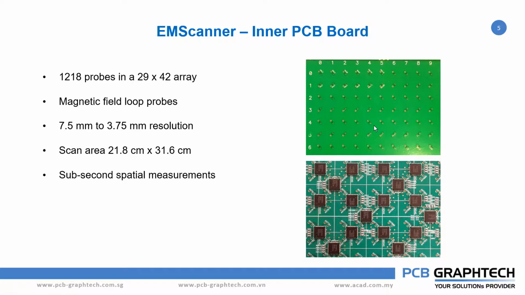These probes capture the magnetic field above the EM Scanner board and pass the signals to the backside of the board, where the RF switches are arranged in arrays. These RF switches capture the output and pass it to the spectrum analyzer through the RF cable. Once the spectrum analyzer receives the RF output, it generates the maximum amplitude of distortions with respect to frequency as its output.